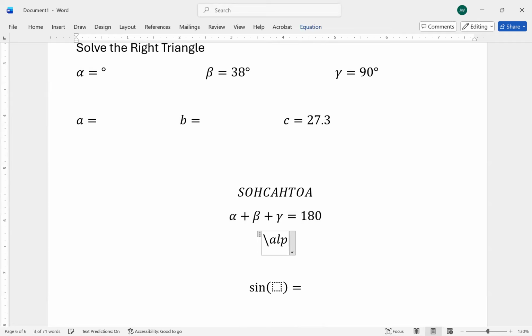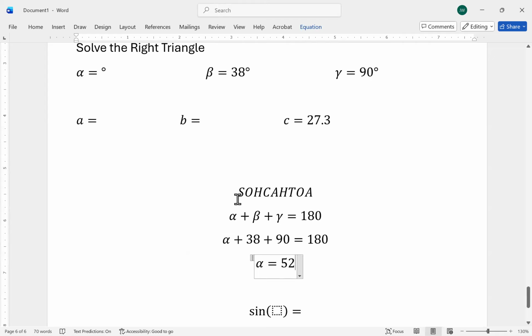We don't know the alpha yet, but we do know that the beta is 38, and we do know that the gamma is 90. We would have to subtract 38 from both sides and subtract 90 from both sides to solve for alpha. And it would say that alpha is equal to 52 degrees. So alpha is 52 degrees.